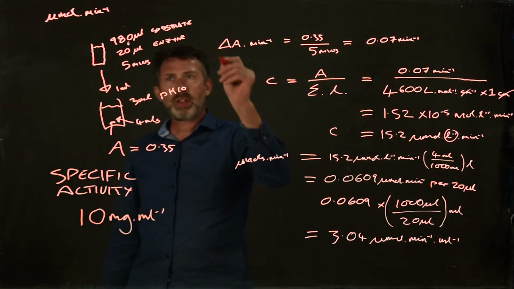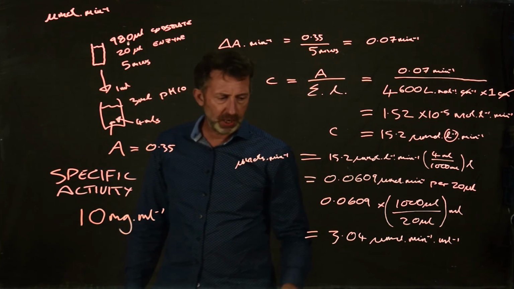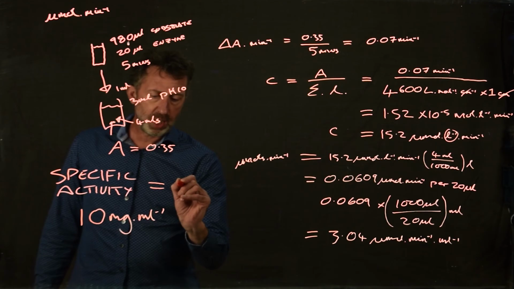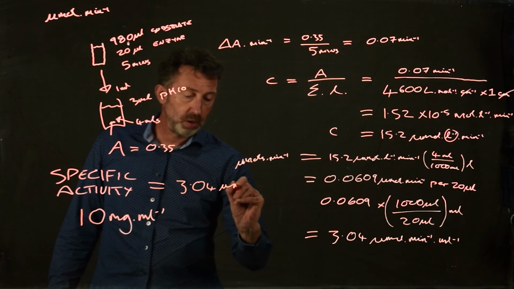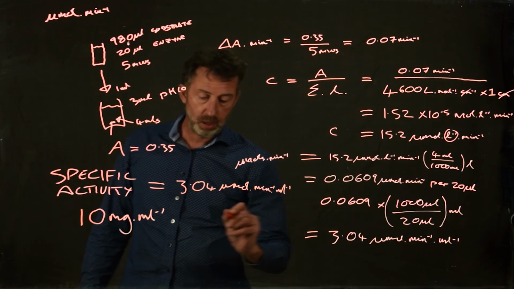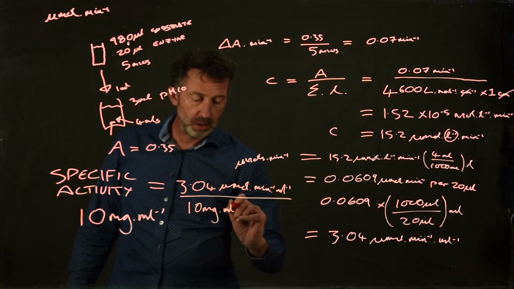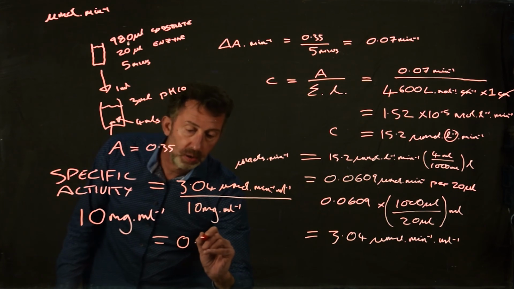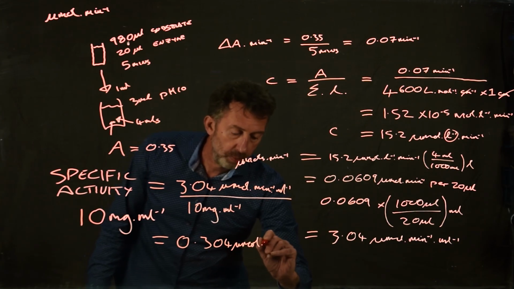So we do another assay on this solution and we find out that for every milliliter of it there's 10 milligrams of protein. Well, the specific activity of that solution is going to be equal to the activity, 3.04 micromoles per minute per mil, divided by 10 milligrams per mil. And so the answer to that is 0.304 micromoles per minute.